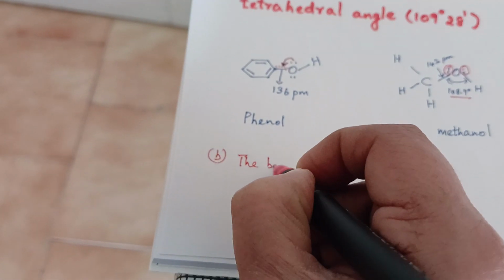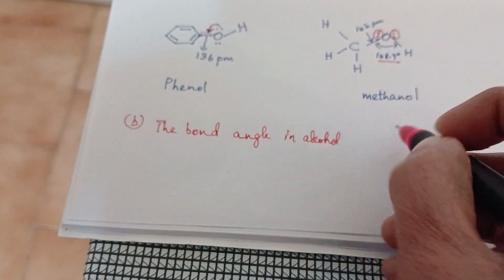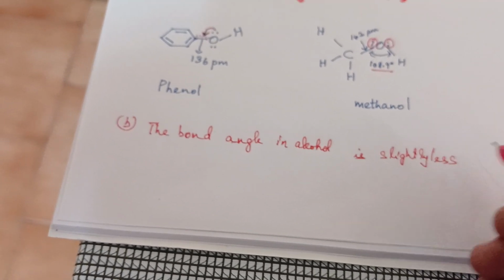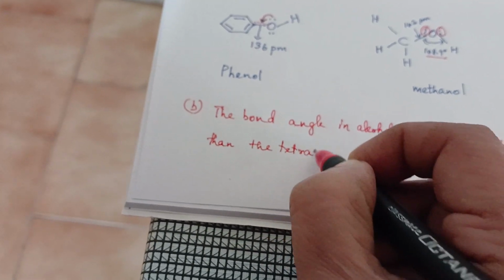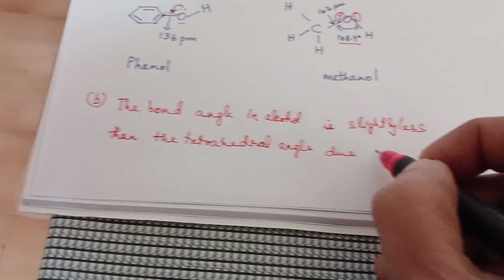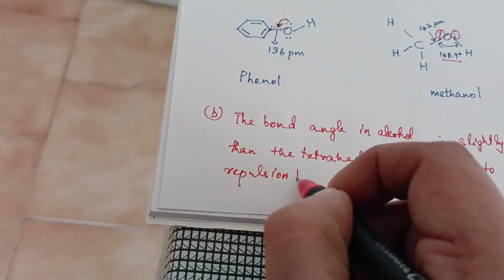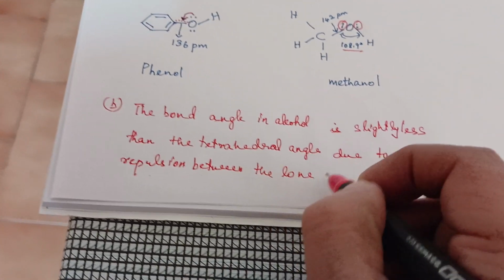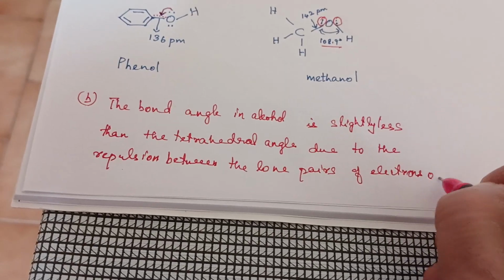The bond angle in alcohol is slightly less than the tetrahedral angle, due to the repulsion between the lone pairs of electrons on oxygen.